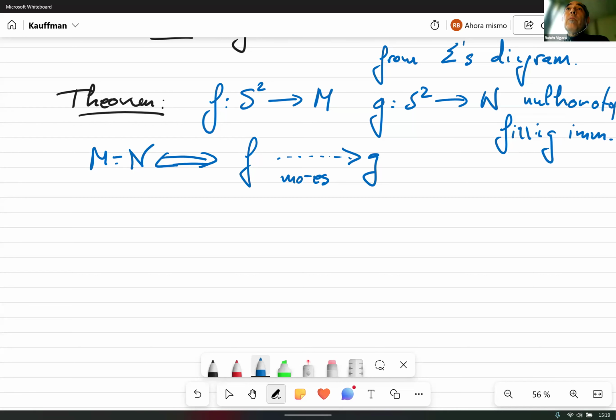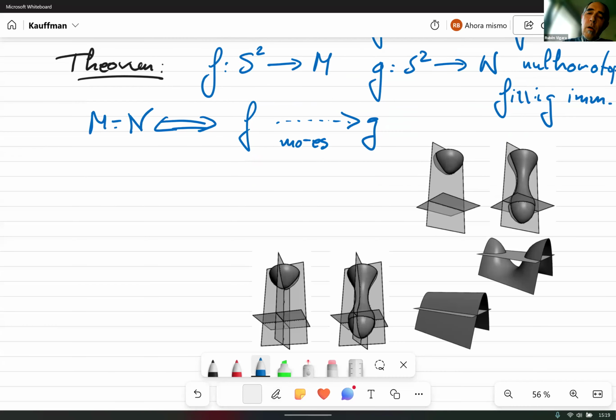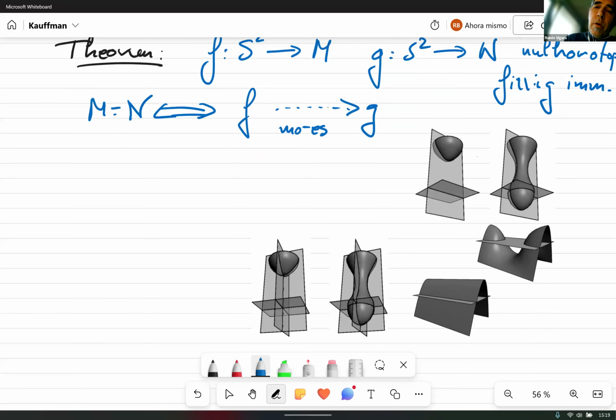These are the set of moves or their inverses. Okay.